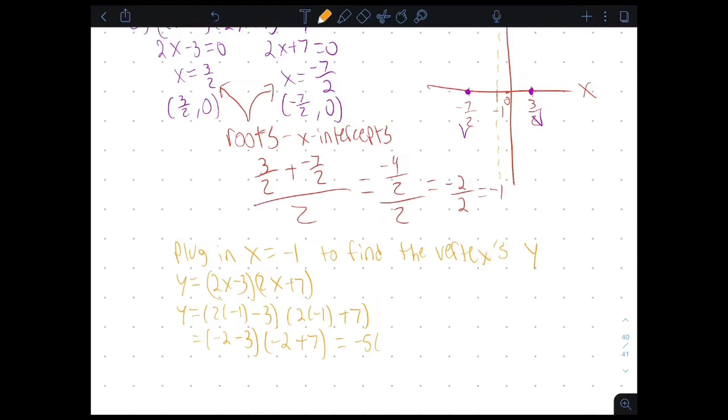And negative 2 plus 7 is a positive 5. So we have negative 5 times 5, which makes negative 25. And that leaves our last coordinate, the vertex, which is going to be negative 1, negative 25.